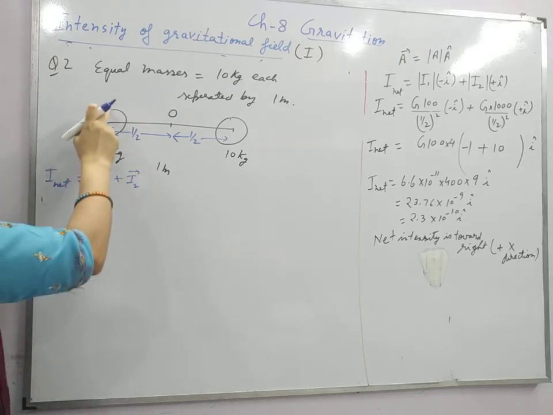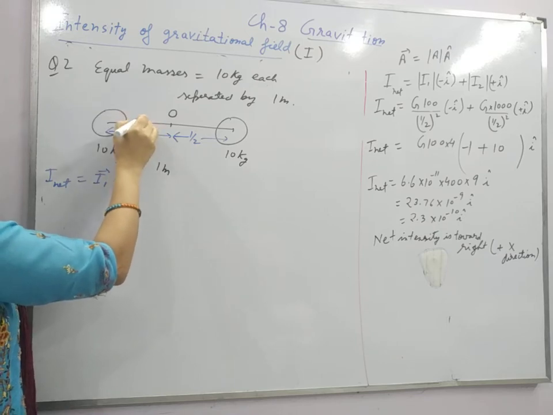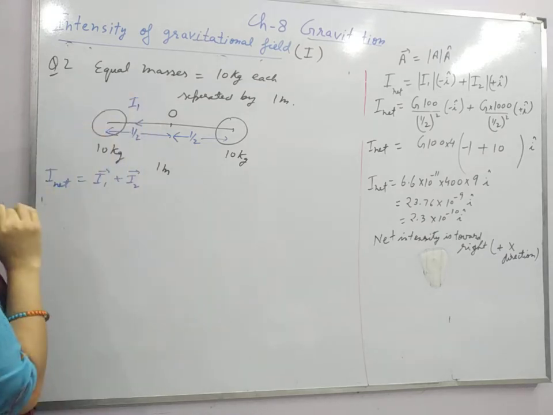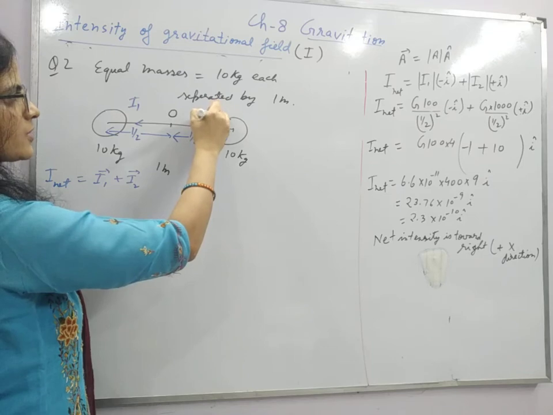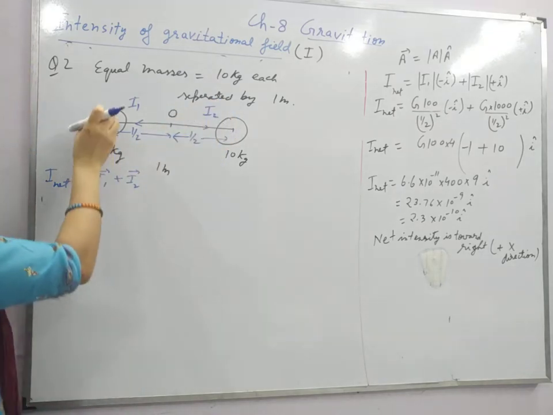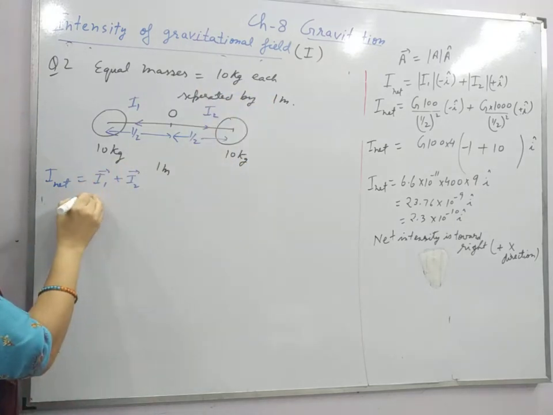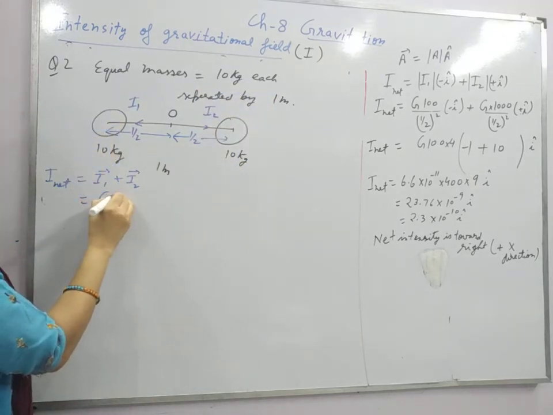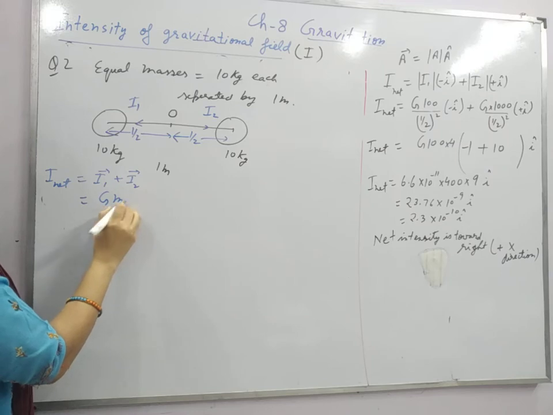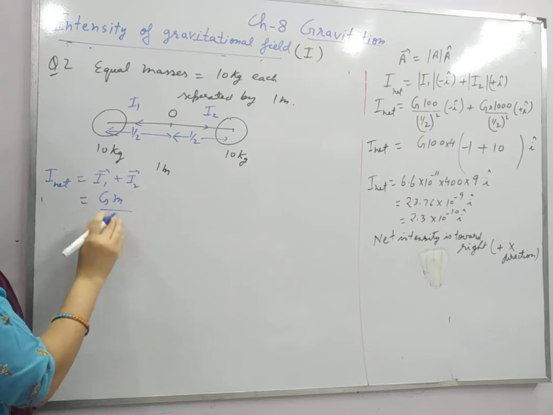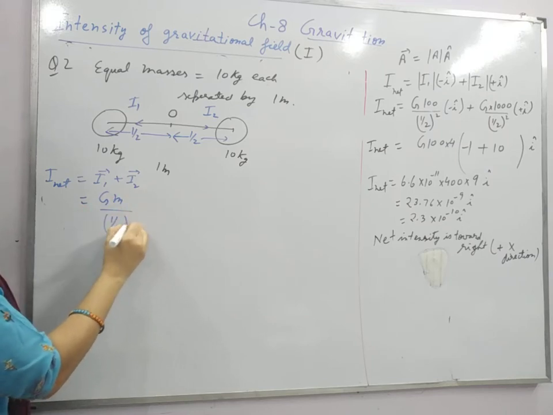Let's recall, intensity due to this mass will be this way, simply writing directly. Intensity due to this mass will be this way, because this will attract the other mass and this will also attract the other mass. So this intensity can be written as G into M1, simply M upon 1 by 2 whole square.